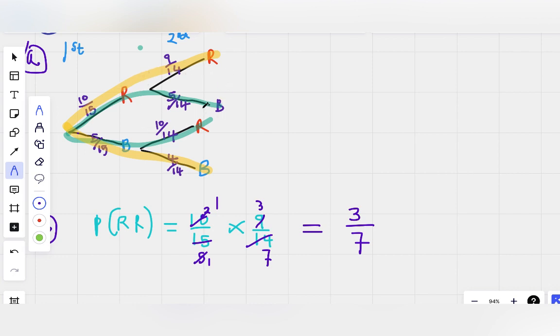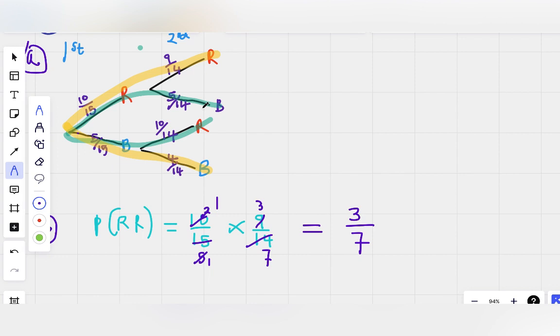So that's the first thing we should note, right? The bottom half of the tree diagram will be ignored because it involves a black bead having been chosen first. Are you with me?